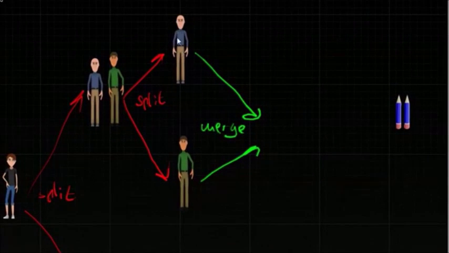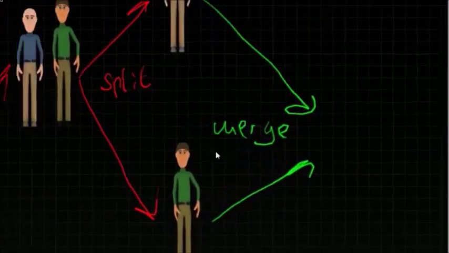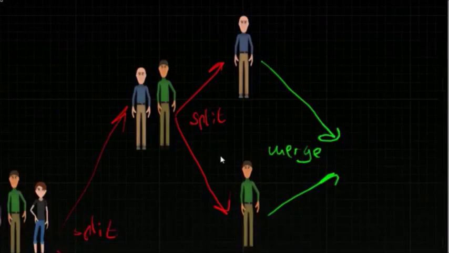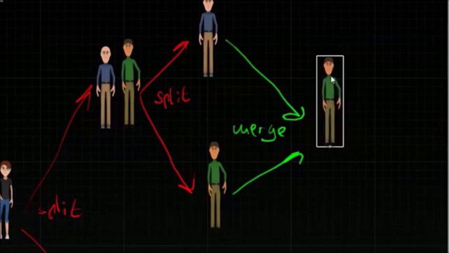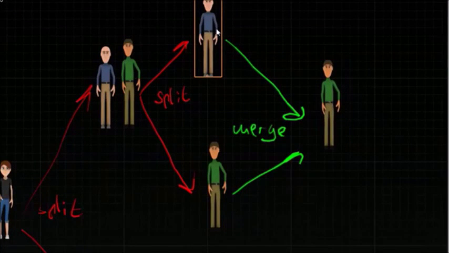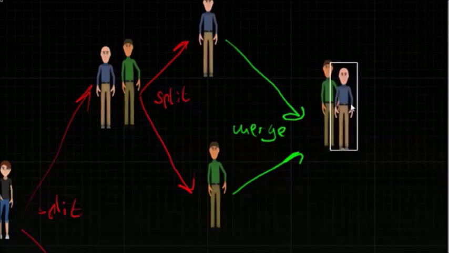This works like this. If I have only one element, then I create a new list, and in the new list, the smaller person, which in this case is the one with the green pullover, is on the left and the bigger person is on the right.